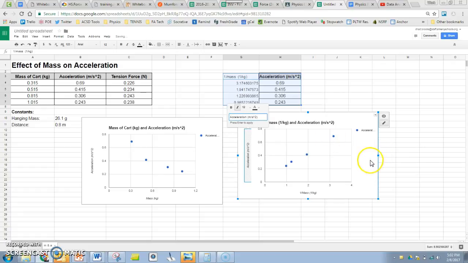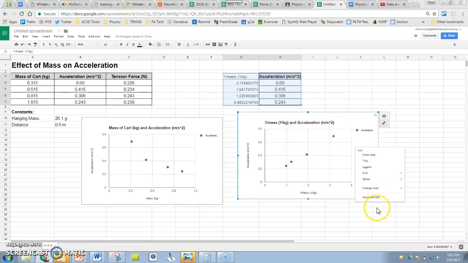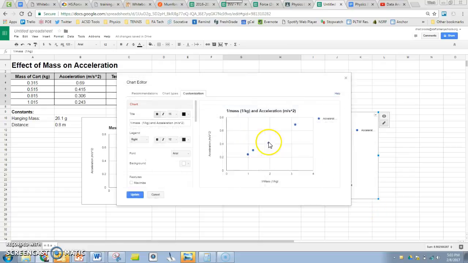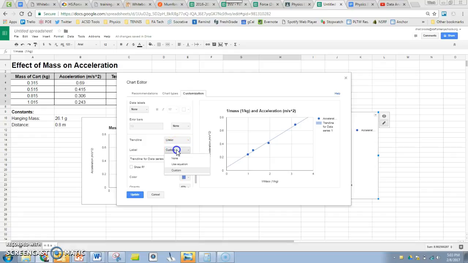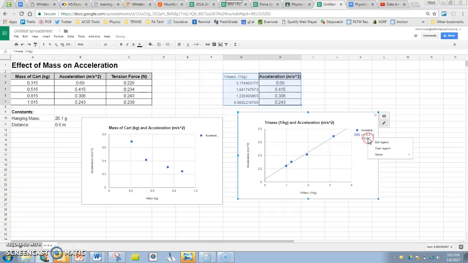All right. Since that looks to be pretty linear, let's go ahead and fit a linear trend line to it. Go to the advanced edit window, drop down and do that. I want to see my equation, so let's do that. There's my equation. I'm going to put it across the top so I can see it all in one line.